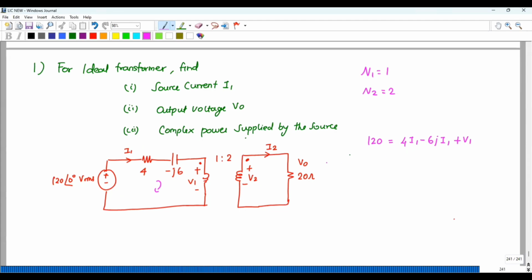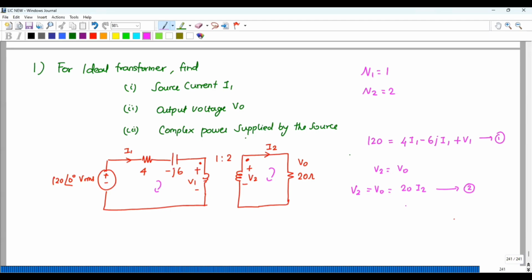So this is your first equation for the first mesh loop. For the second mesh loop, I can write V2 is equal to 20 of I2, that is equal to V0. So this is your second equation.